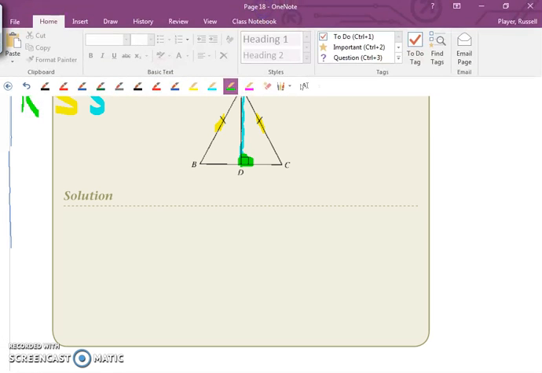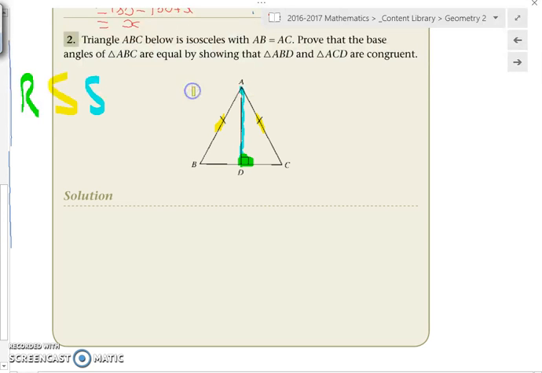Well, tell me a little bit about that yellow one that we just did. It is a side, but what sort of side is it? It's a hypotenuse. So what proof are we going to use? RHS. It's not actually right-hand side. Right angle, hypotenuse and side. Right-hand side works for me, but you could also prove the left-hand side if you felt it necessary.